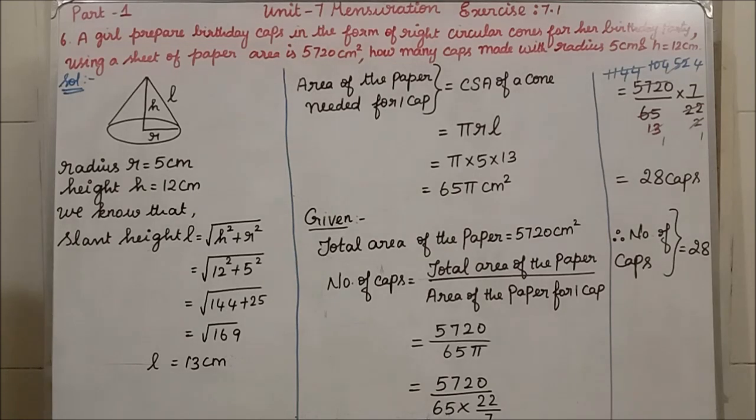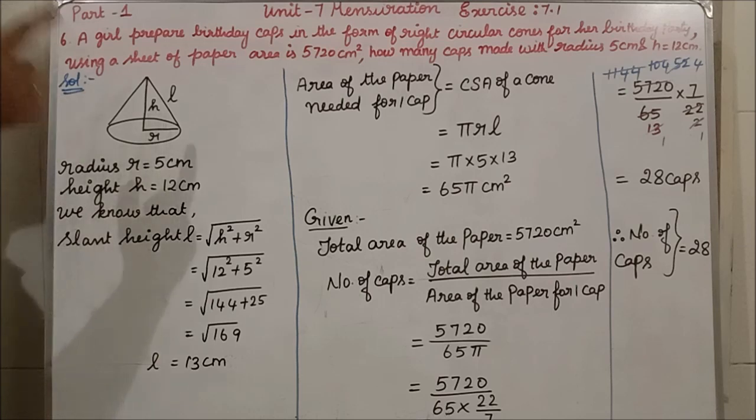How many caps can be made with radius 5 centimeter and height 12 centimeter? That is the question. Can you understand the question? One girl wishes to make the birthday cap. For that the girl is taking the total sheet of paper, 5720 centimeter square.